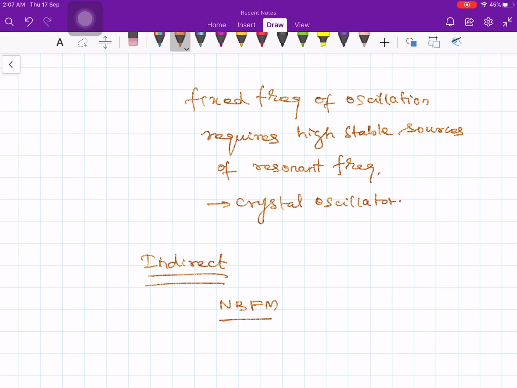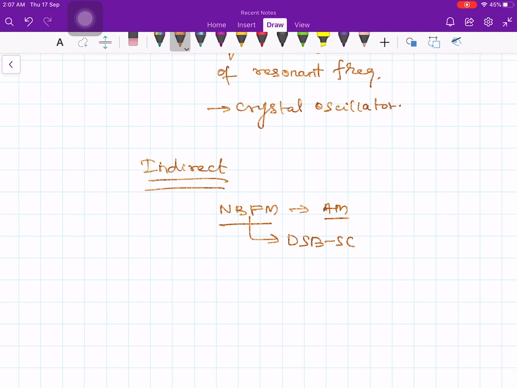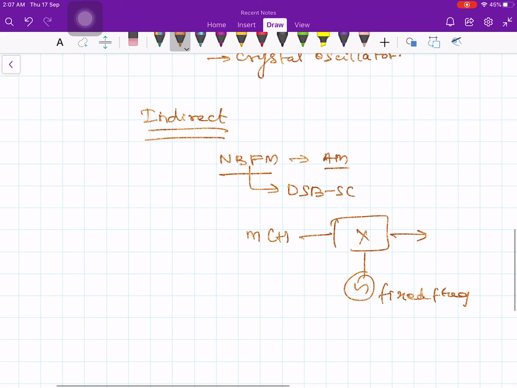The narrowband FM signal is more or less like your AM signal, right? Narrowband FM signal is generated with the help of DSB-SC. For DSB-SC, you need only a stable oscillator, because DSB-SC is a multiplier and you have an oscillator. This oscillator is a fixed frequency oscillator. Recall the block diagram of narrowband FM. The DSB-SC modulator has the fixed local oscillator used by a multiplier, and the other input is m of t, the message signal.